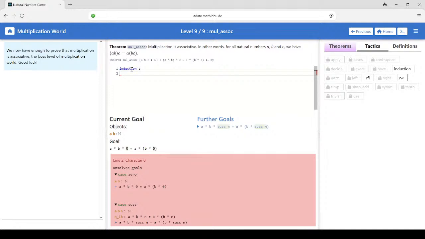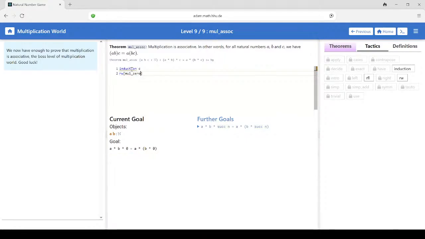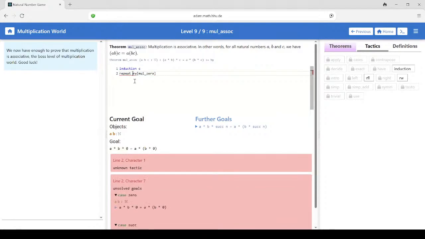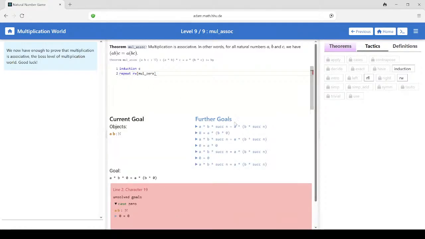Anyway, yeah, so anything times 0 is 0, of course. So rewrite multiply 0. Repeat. Wait, am I being silly?